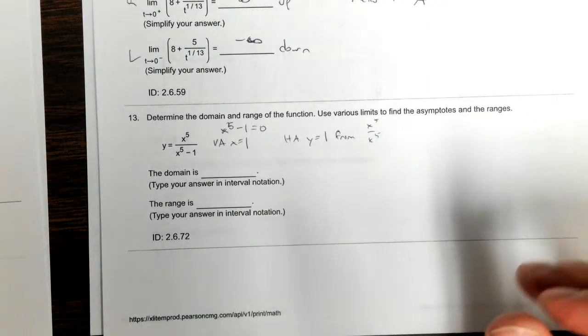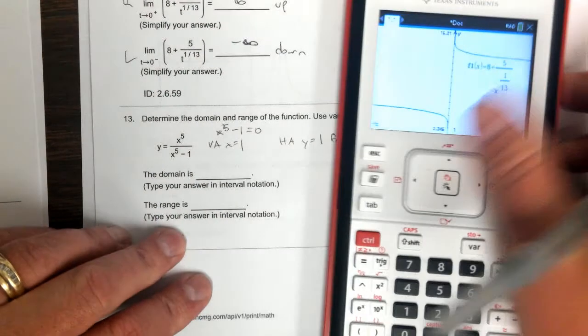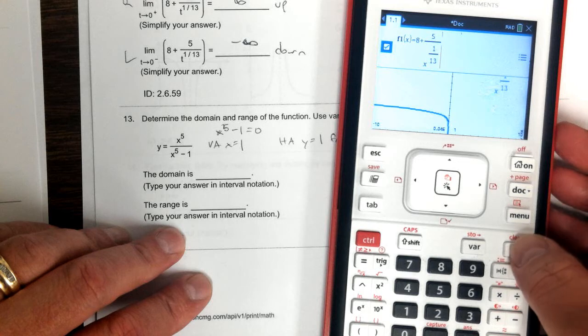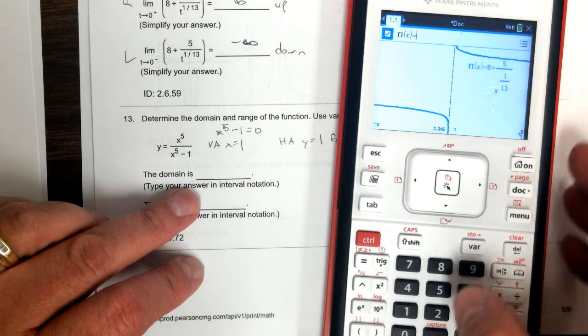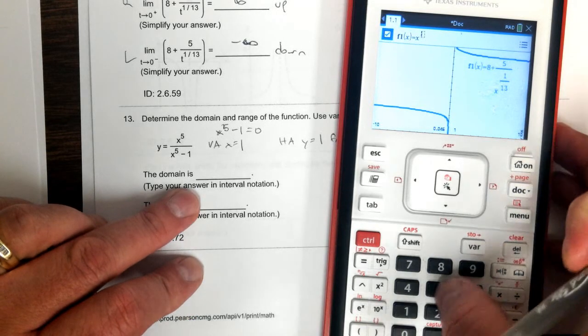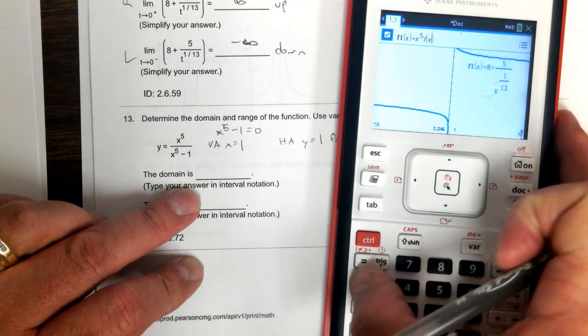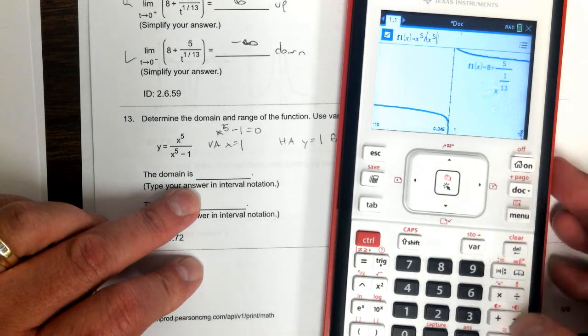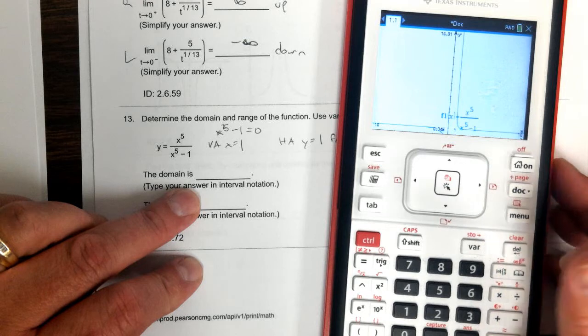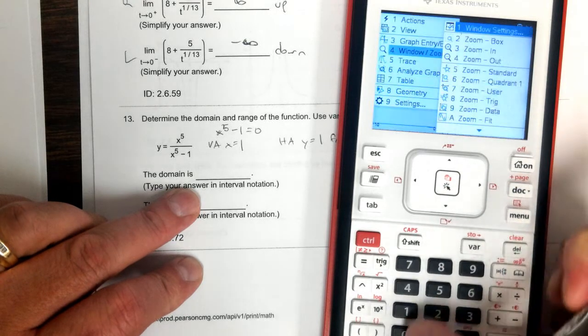And we can graph that: x to the 5th over parentheses x to the 5th minus 1. Again, I need to reset my zoom fit.